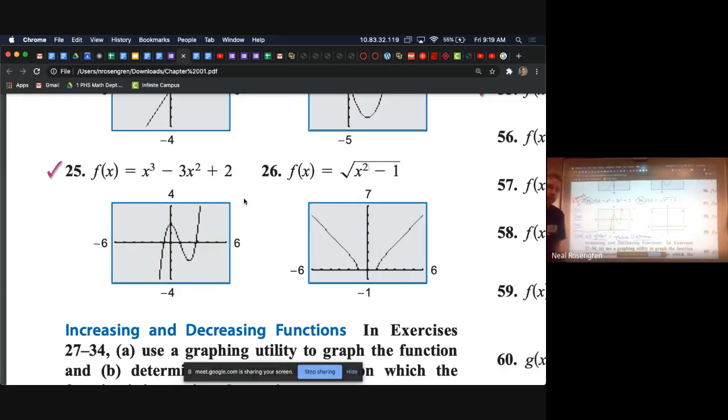And you can graph them yourself too if you wanted to check these out, because these graphs are pretty pixelated and rough. The textbook's capturing of the calculator screen is old, right? So you want to be able to pull those up on your own graphing calculator, or just go to Desmos or something like that online to check that out. But you will want to have your calculator with you today for one thing I'm going to talk about. So if you have that nearby, keep it in there.